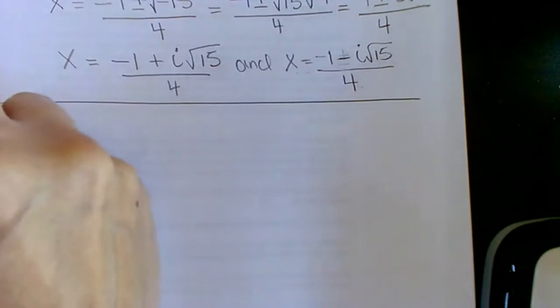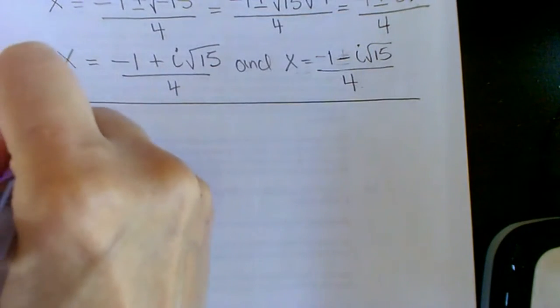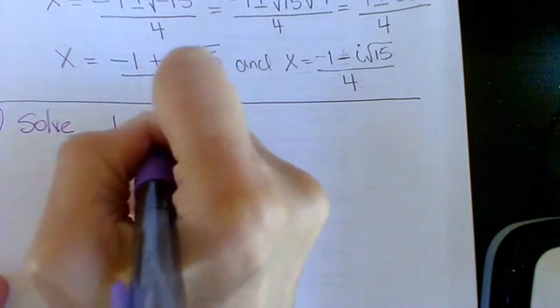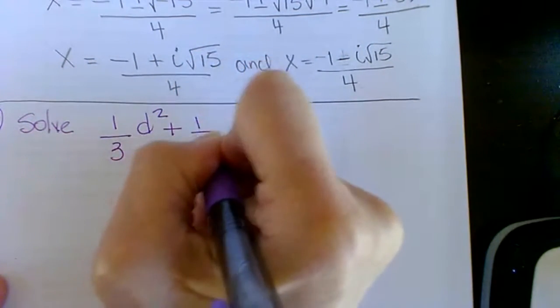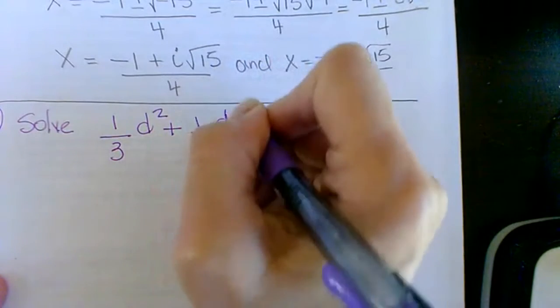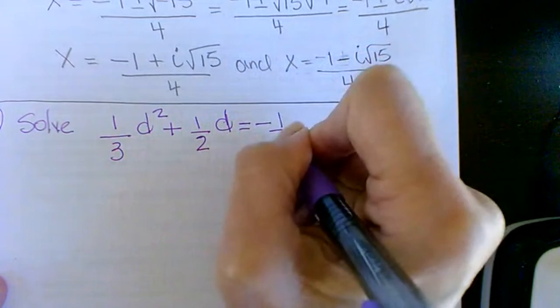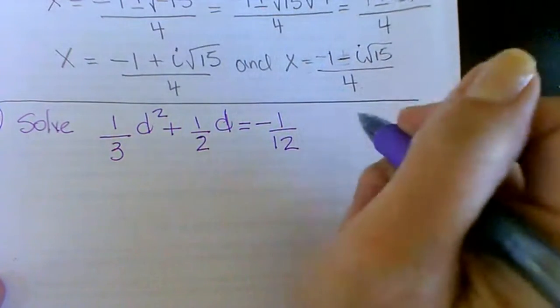Here it is. It says solve 1/3 d squared plus 1/2 d is equal to -1/12. And it says solve it by using the quadratic formula.